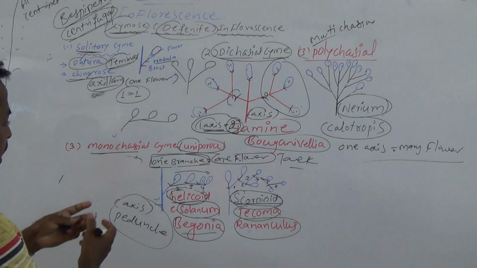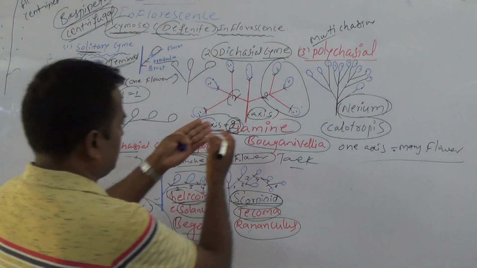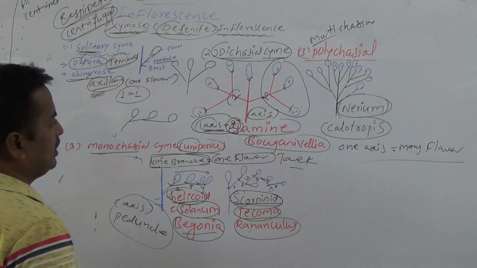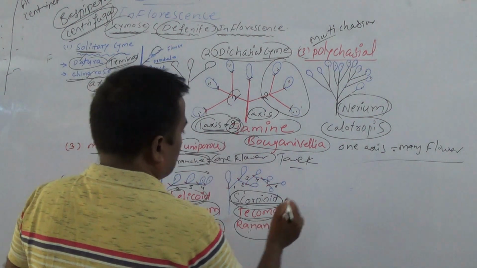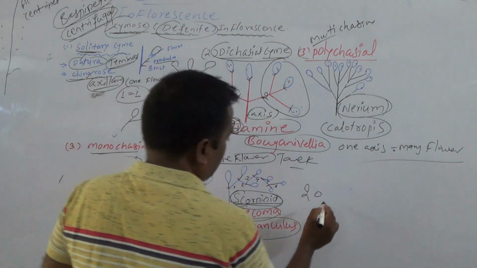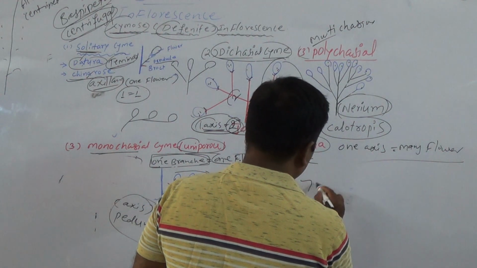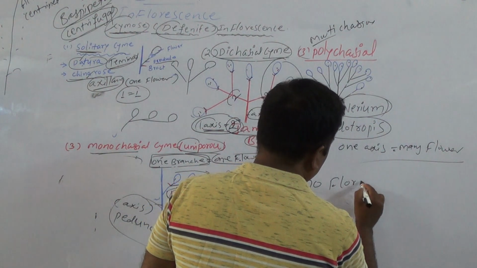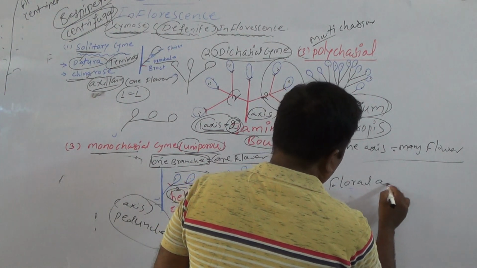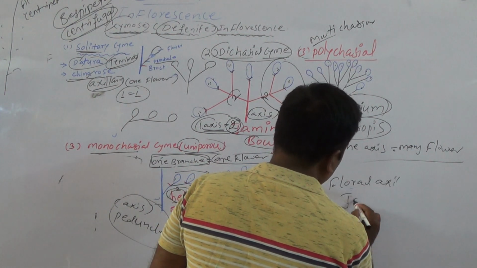For example, in jasmine there are 70 axes present. 70 floral axes are present in jasmine.